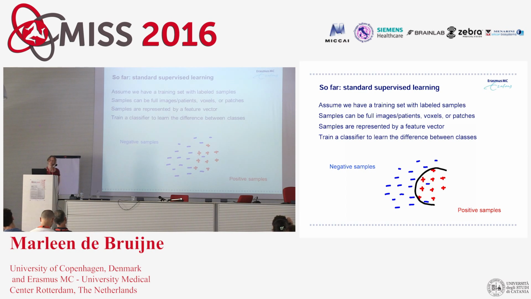So far we have been looking at standard supervised learning. So we assume we have a training set with labeled samples. That's I think all the applications that you've seen today and in the past day.